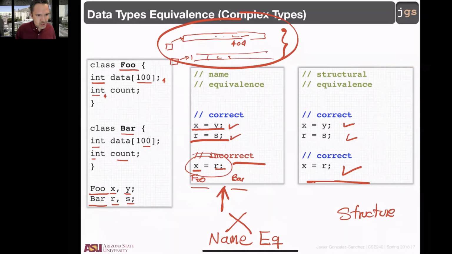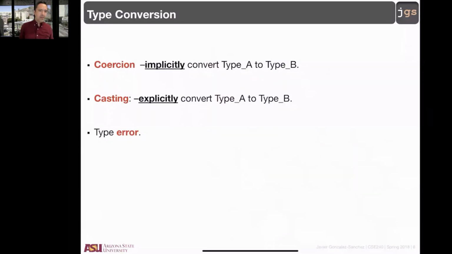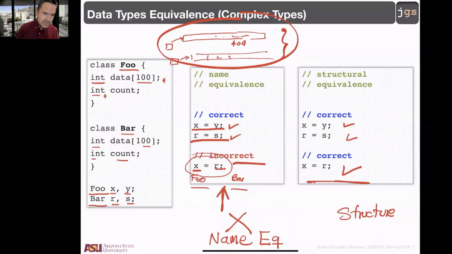And that is structural equivalence. Make sense? Name equivalence, structural equivalence. Telling you that you have an error just because the name of the types are not the same, or taking the time to review if something can be done. This is with the language itself.